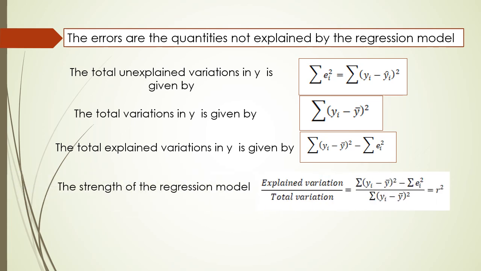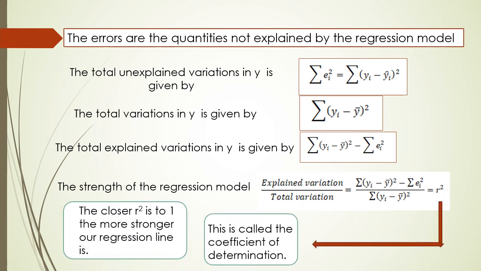The strength of the regression model is given by the ratio explained variation by total variation. And if we simplify this expression, then we will find that it is equal to r squared, the square of the correlation coefficient. This is called the coefficient of determination. The closer r square to 1, the stronger our regression line is.